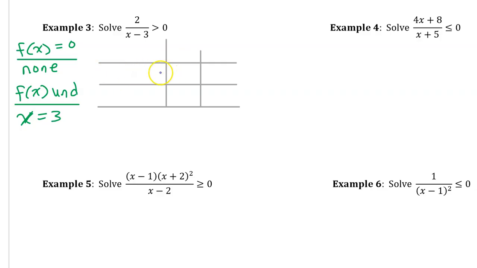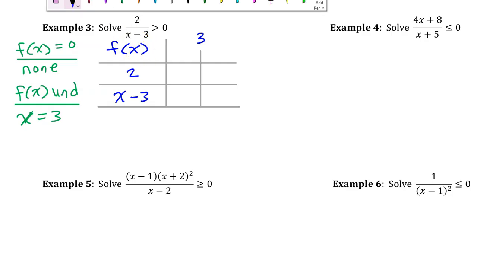This will be a small sign chart because I only have two factors, 2 and x minus 3. And I only have one critical value, and that is 3. Don't forget to label the sign chart as f of x. Now we decide whether these factors are positive or negative in each interval. Of course, the constant 2 is positive in every interval.